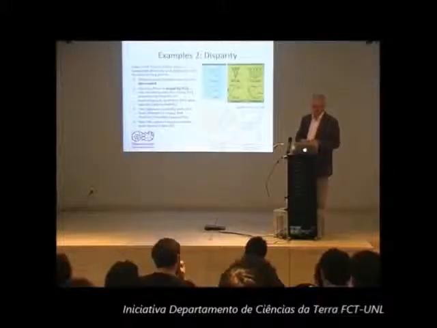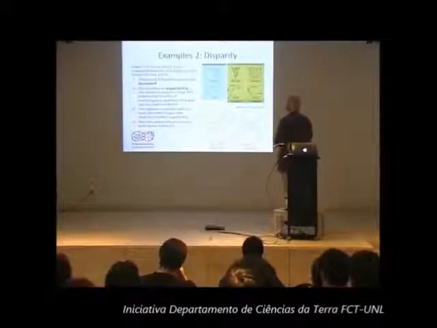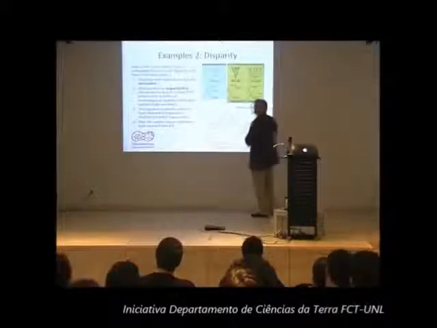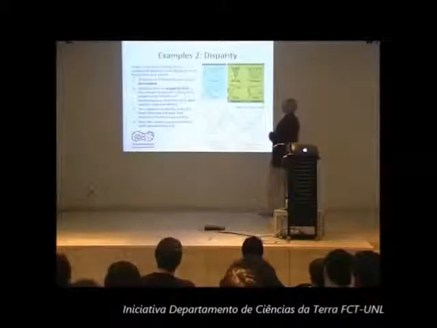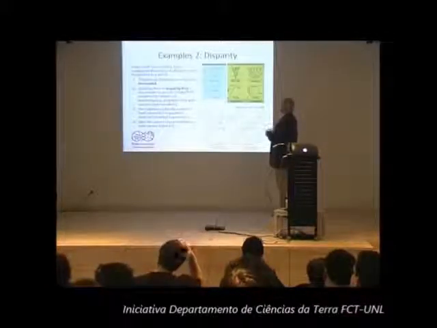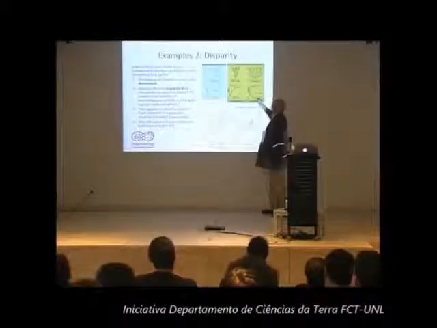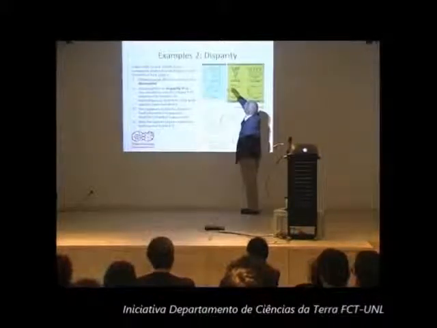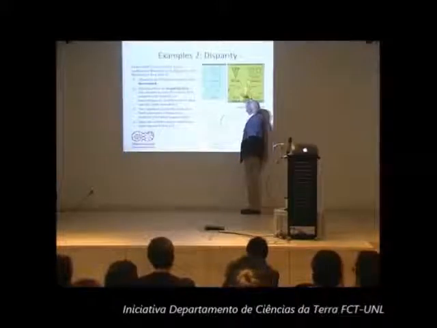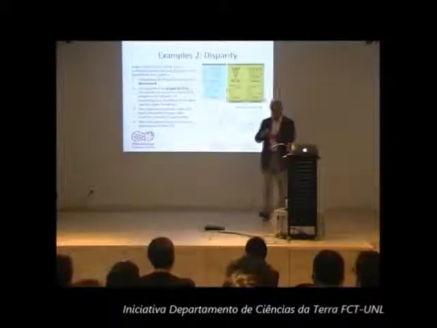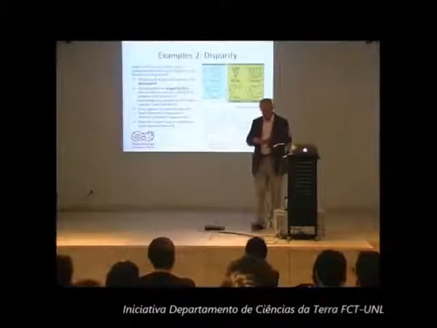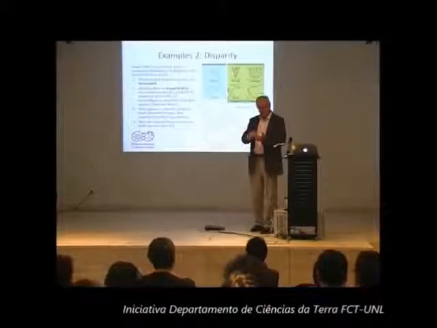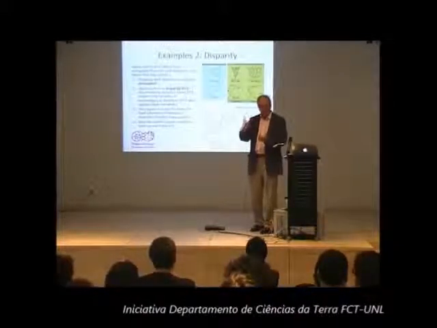This is an example of looking at disparity, which is the amount of morphological variation. And these tree diagrams are to try to compare possible outcomes of comparing diversity and disparity. Here, I mean by diversity, number of species, biodiversity.